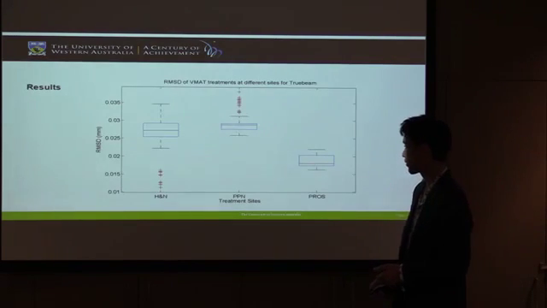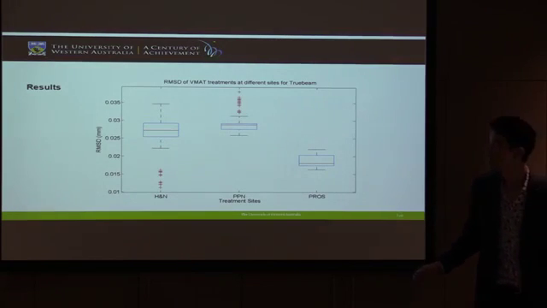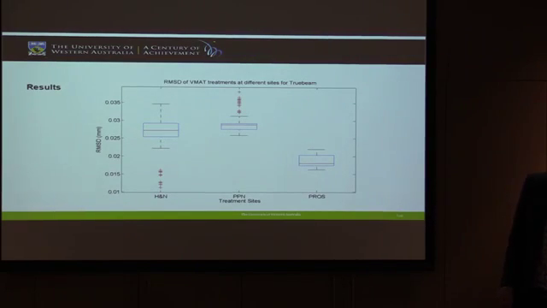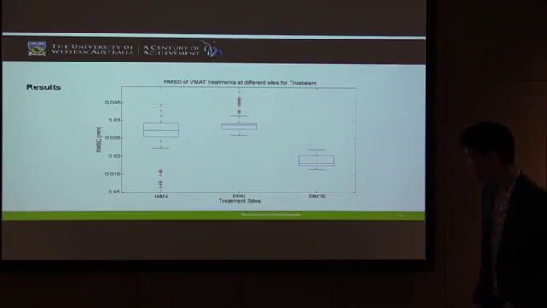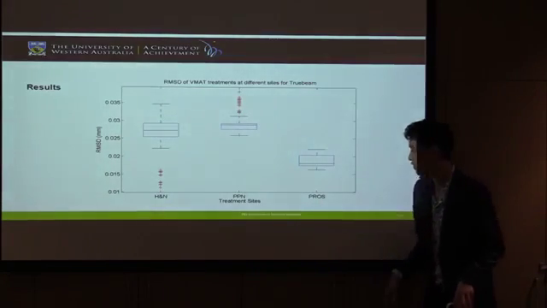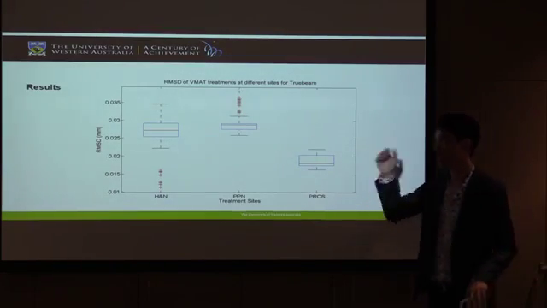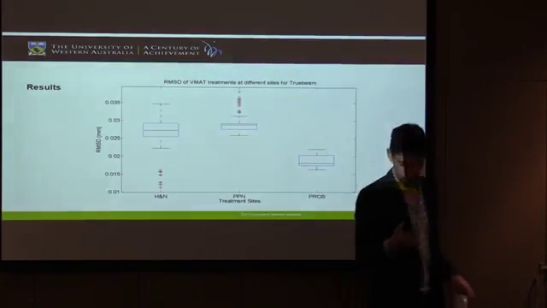So, some pretty results. This is the root mean squared deviation of VMAT treatments at different sites for TrueBeam machines. You've got head and neck treatment sites, prostate pelvic node treatment sites, and prostate treatment sites, and the y-axis is the root mean squared deviation.